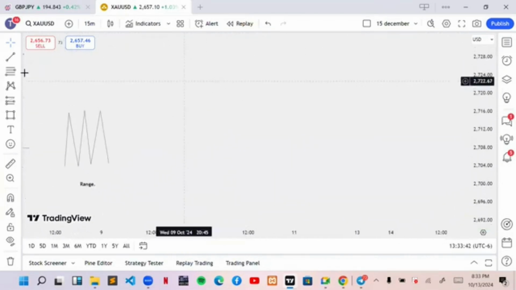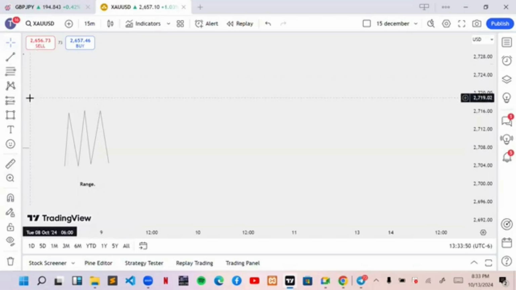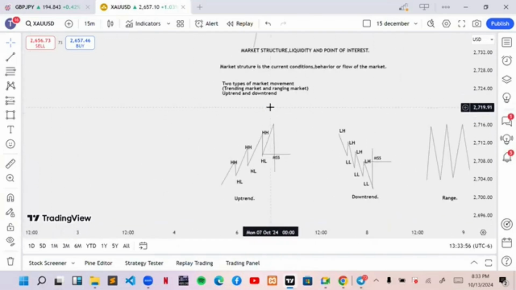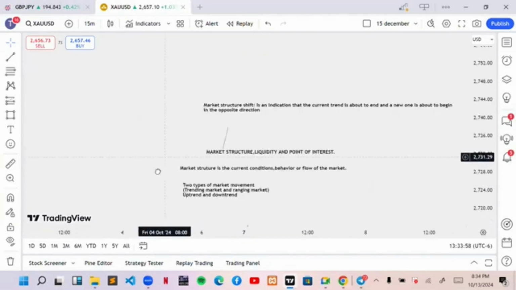So this is what I mean now. An example of a break of structure. So a break of structure is a scenario where market breaks a particular key level in price while still remaining in its current trend. So let me just type it down.